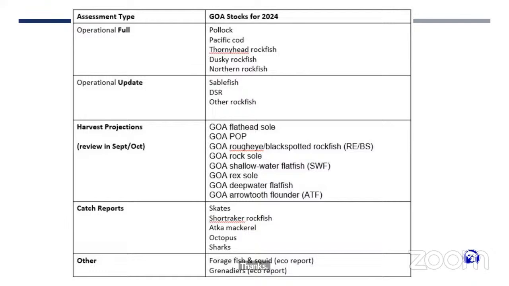So you're referring to this as what's coming in November, but we're not seeing harvest projections again, right? Through the chair, correct. So this is just for this whole year, 2024, and then down in the third row, you see that we're reviewing those in September. So this is all the Gulf assessments for this year and what stock assessment product is being provided.